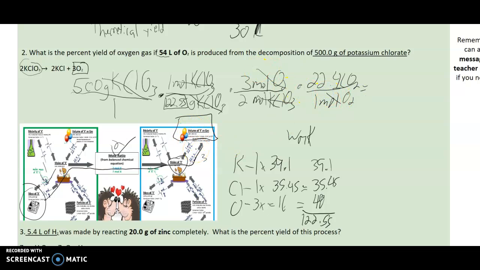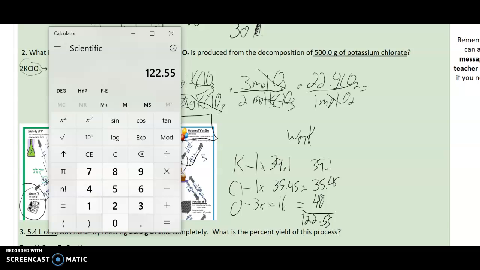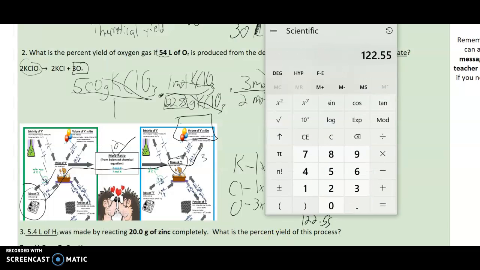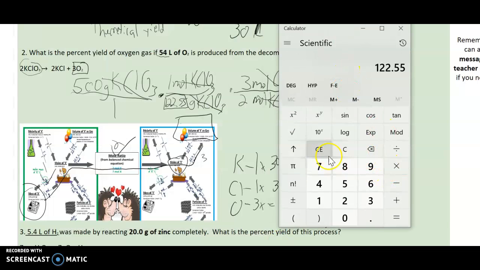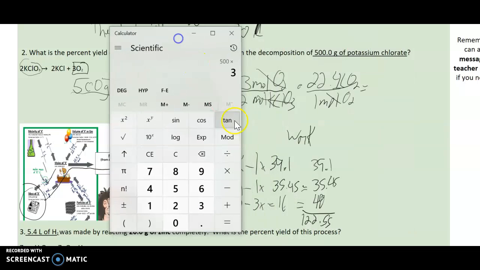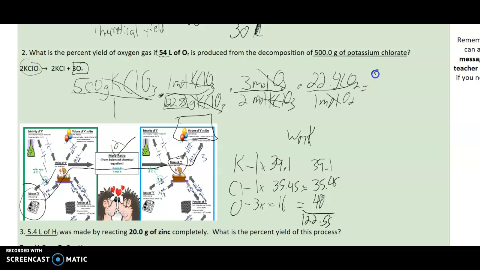Now I'm here, and I gotta do some math. Let's get the top part first. We got 500 times 1 times 3 times 22.4, which is 33,600.